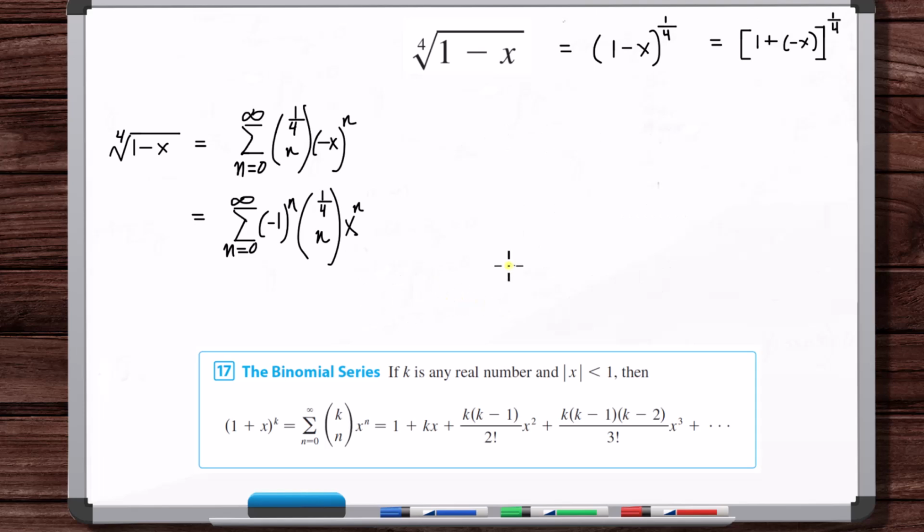So we can write out a few terms here. We've got n is 0, just positive 1.